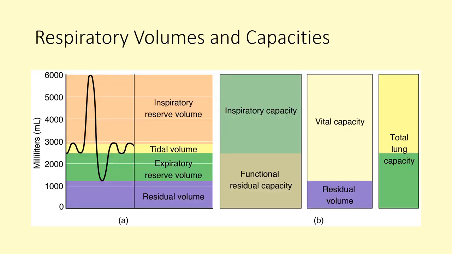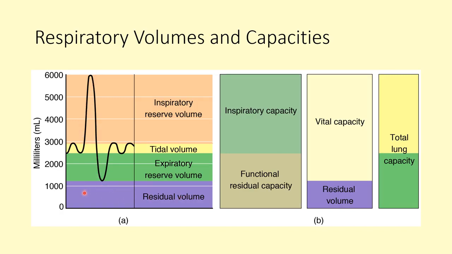So someone that's a respiratory therapist, they're going to measure these different volumes with the patient, which gives them a little bit of a clue as to basically the health of the lungs. So here's the tidal volume, just that normal amount. Inspiratory reserve volume, when you forcefully inhale, expiratory reserve volume, when you forcefully exhale.